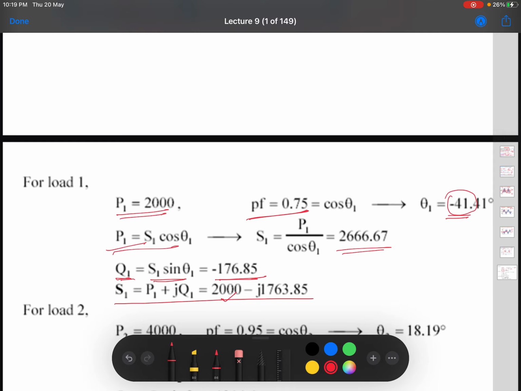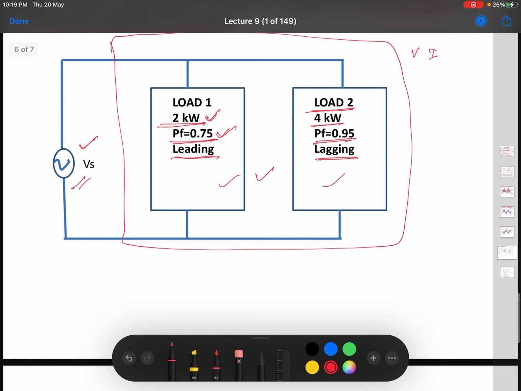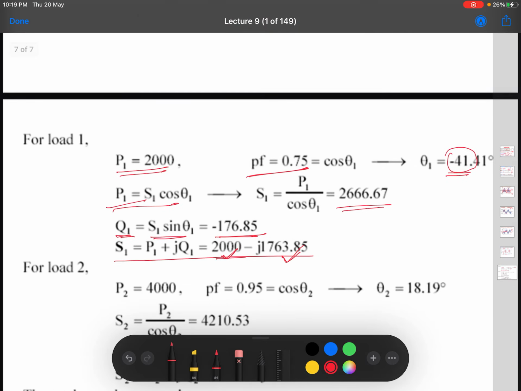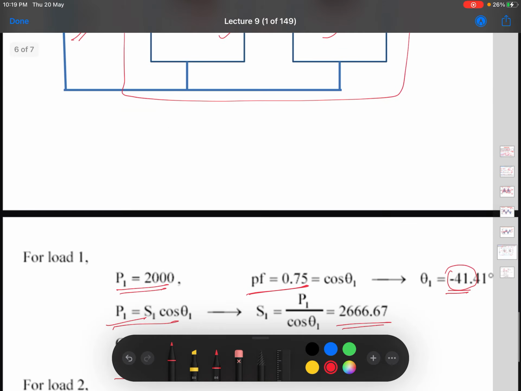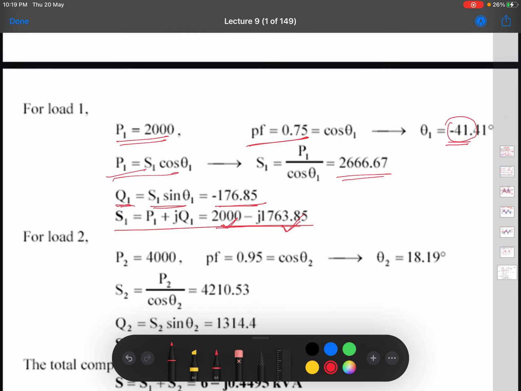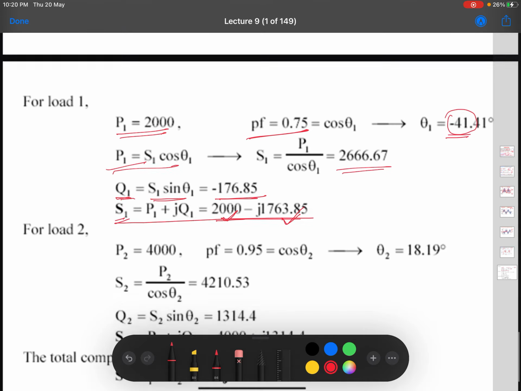So this is the real part of S1, and this is the imaginary part. We have done nothing but represent this power in an appropriate form of real and imaginary part. Once we know the power factor, that means the angle is known, and you know the real part. From that you can now generate the whole S.